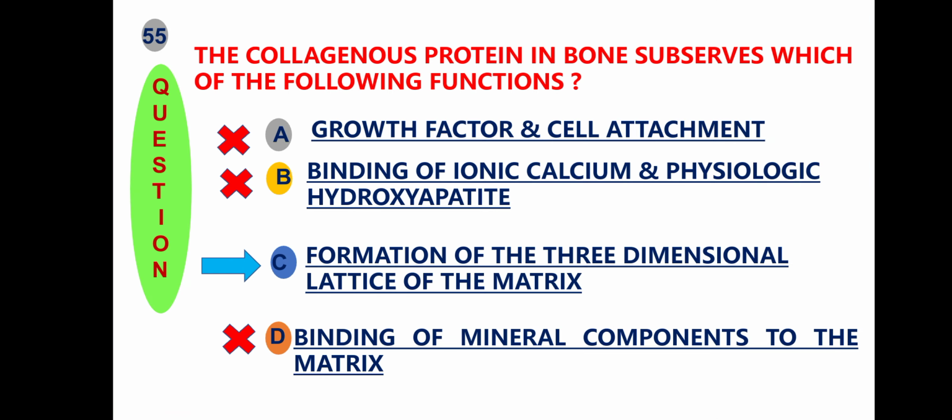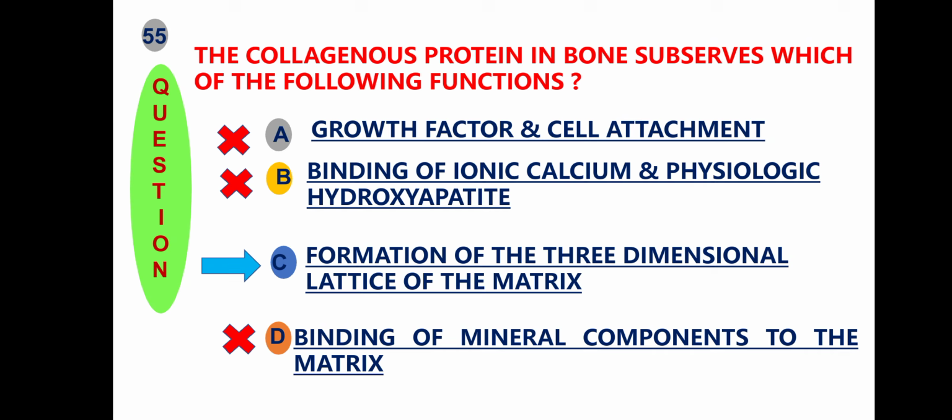So this comes to the conclusion of this question. The collagenous protein in bones subserves which of the following function? Growth factor and cell attachment: cell attachment we have seen is done by integrin, fibronectin and laminin proteins. Binding of ionic calcium and physiologic hydroxyapatite is done by osteocalcin, which has an affinity for calcium.